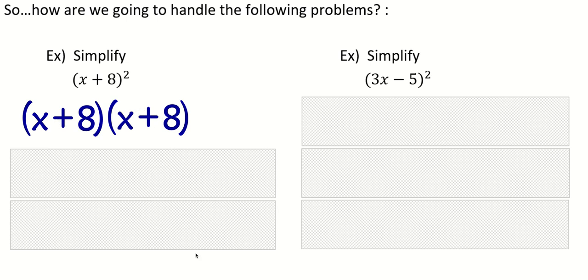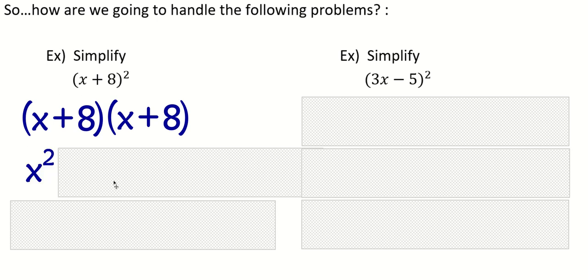Write it like this, because then it'll be more obvious that you're supposed to do this by foiling, distributing the x to here and also to the 8, and then distributing this to here and to here.